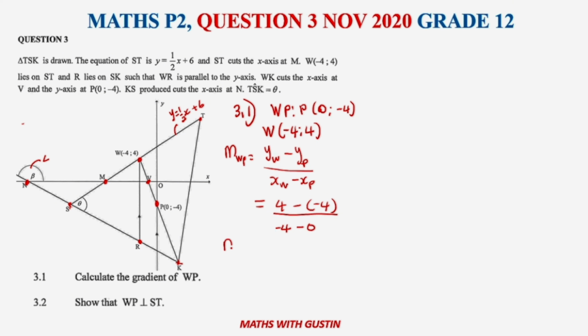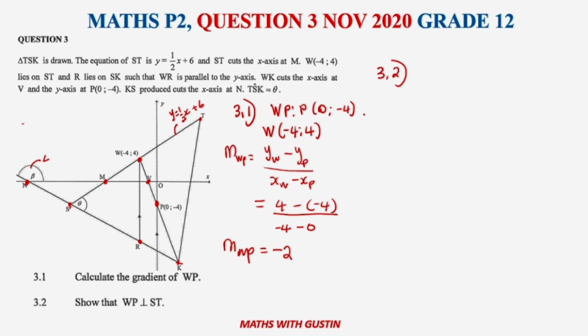Therefore the gradient of WP, because you guys are in grade 12, I'm going straight to the answer, is 2. Great stuff then.